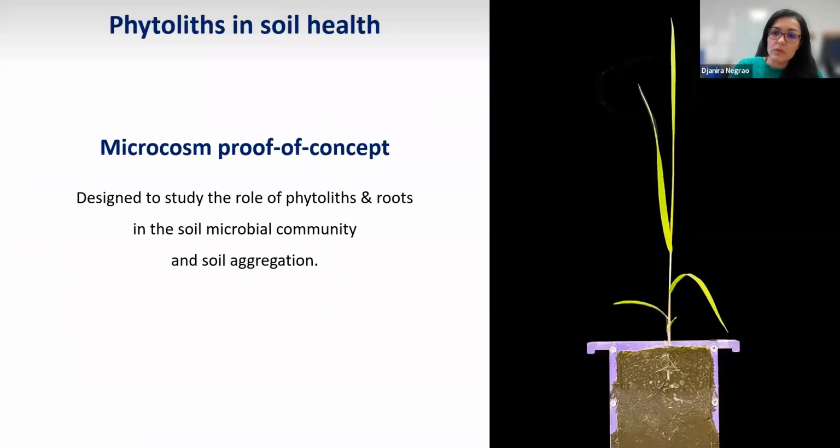So we would like to study if ashes, focusing on silica content, will change some soil properties. So we developed a microcosm experiment. It's a proof of concept, actually, where we designed to study the role of phytoliths and roots in the soil community and soil aggregation.